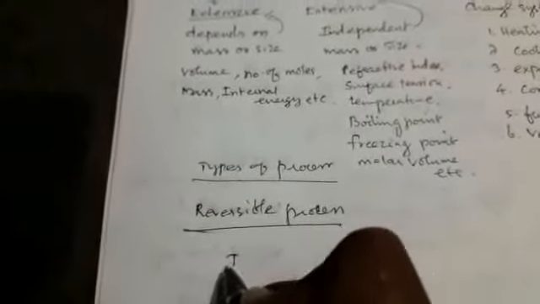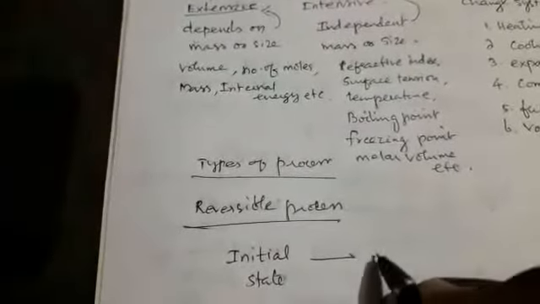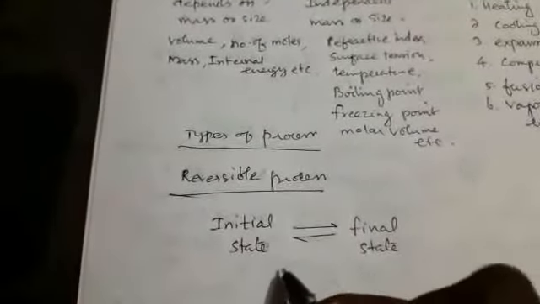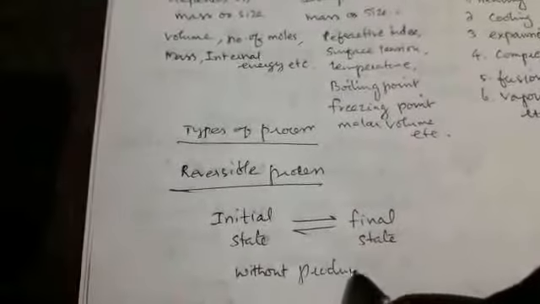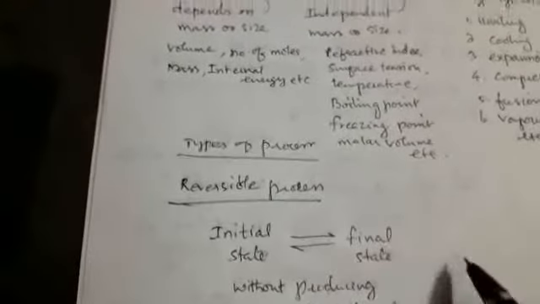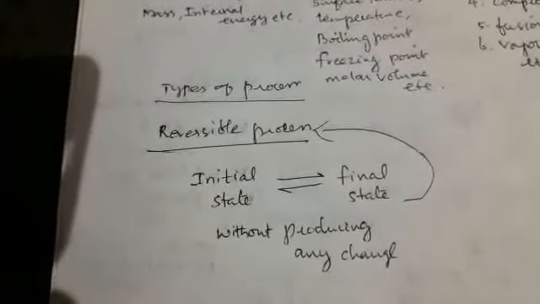That reversible process means initial state to final state, and final state to initial state, without producing any change in the universe. That is called a reversible process. It consists of important conditions.